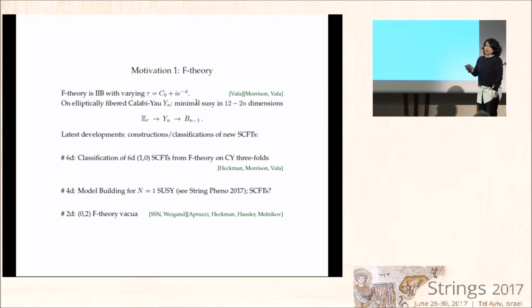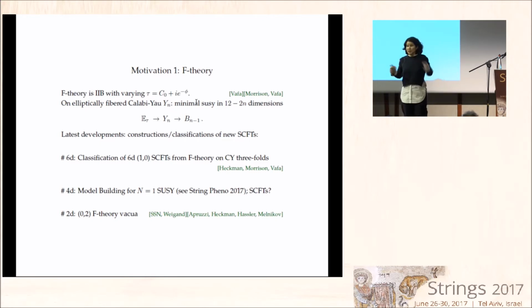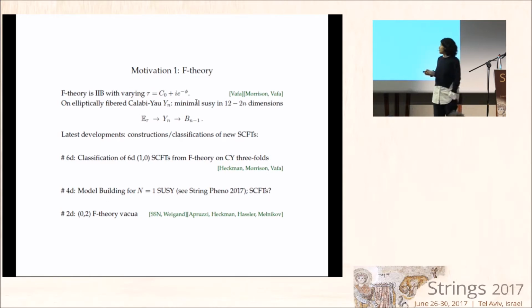It's type IIB with varying axio-dilaton. Tau is the complexified combination here. And usually we consider this theory on an elliptically fibered Calabi-Yau n-fold. So there's an elliptic fiber whose complex structure is the axio-dilaton and some base, which is the type IIB compactification space. And usually we get a minimally supersymmetric theory in even dimensions.